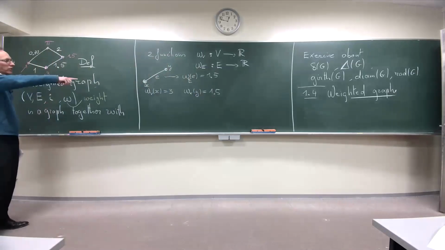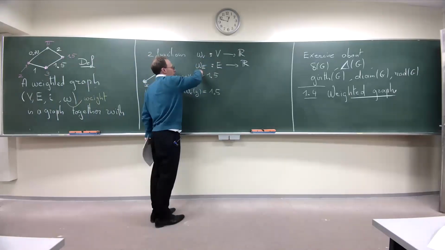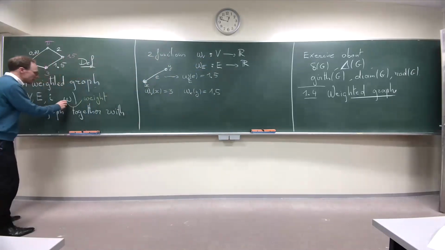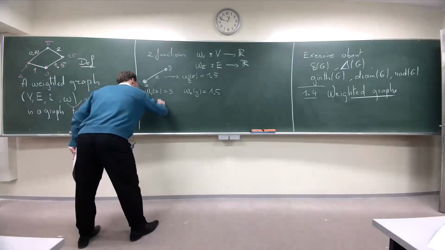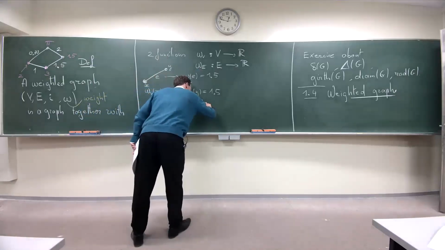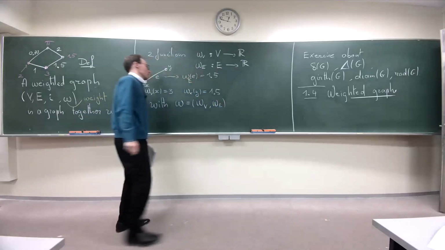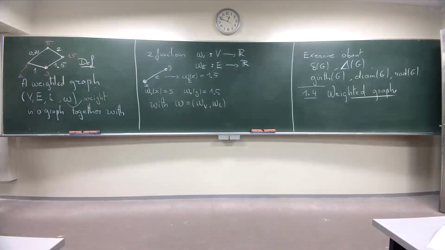So weight associates to any vertex a number, and to any edge a number. And so what is this W? It is simply the collection of these 2 functions. So I simply encode in 1 function a collection of 2 functions.